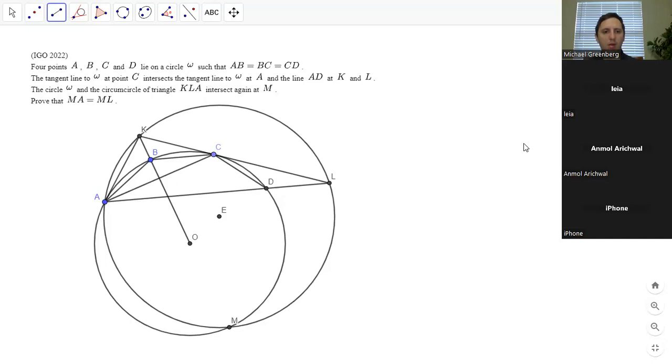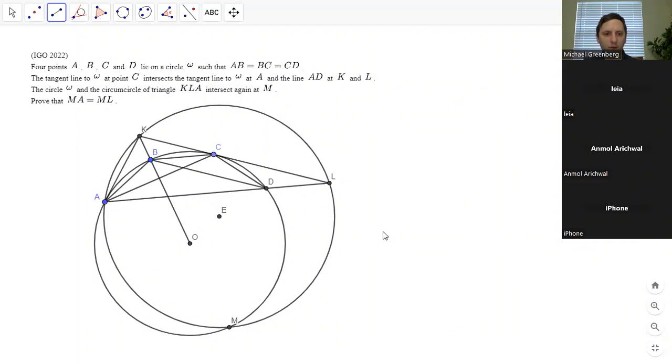If M lies on KB, I think the problem's kind of obvious then, because angle AKM is angle MKL. Equal angles intercept equal arcs, and so MA has to equal ML. Yes, we can remove M by trying to prove that BD is parallel to KL.